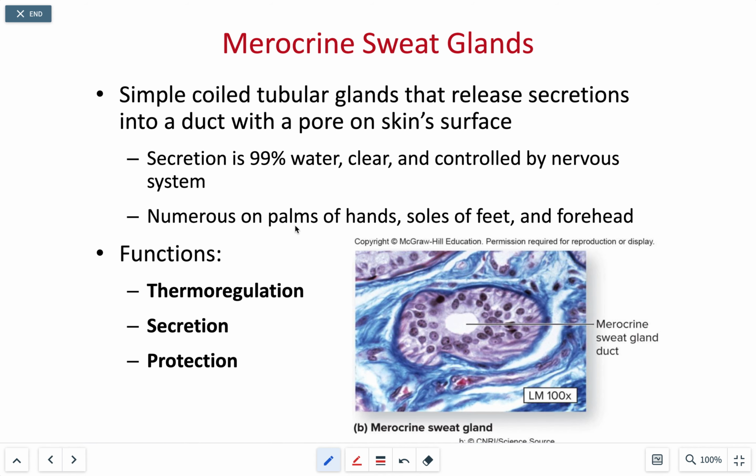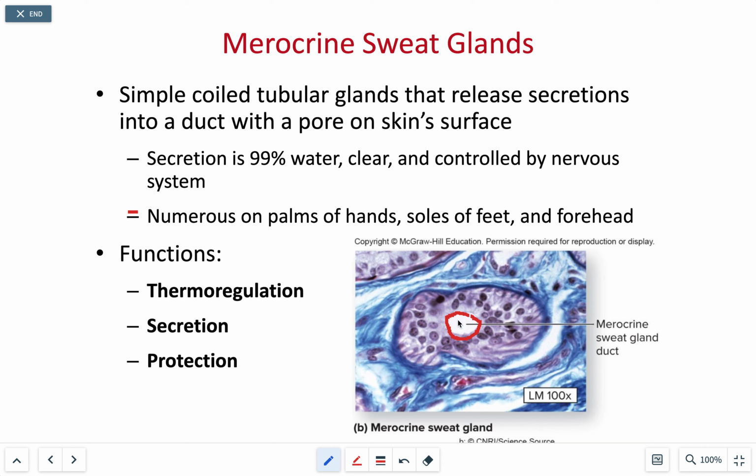An average adult has about 3 to 4 million exocrine sweat glands. These are important for thermal regulation, the release of heat. They have a very small lumen size and are predominantly located in the palms of the hands, soles of the feet, and also the forehead.